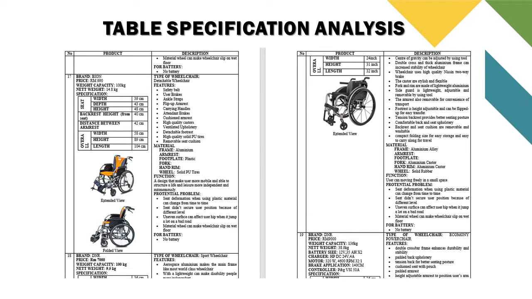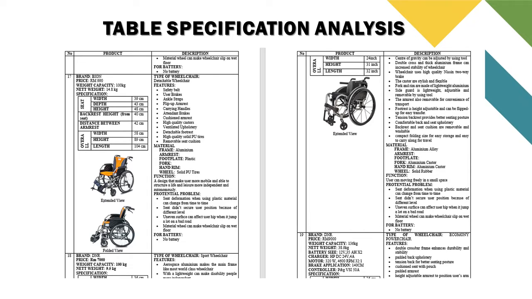So this is the table of specification analysis of the wheelchair. There are so many brands including Bion, Medline, Helva, Hopkins and many more. We analyze based on the information needed, such as the price, the size, brand, type of wheelchair, the weight, the potential problem, material and also the features of the product.